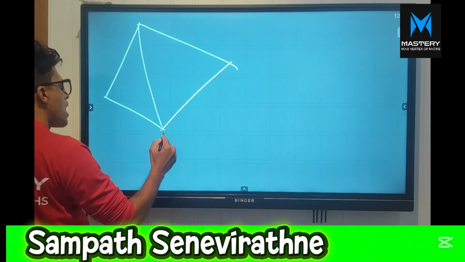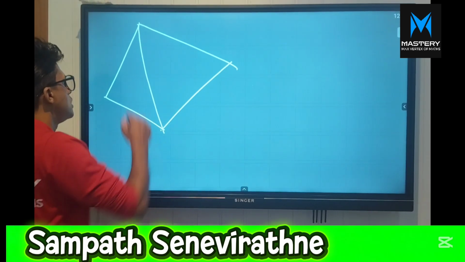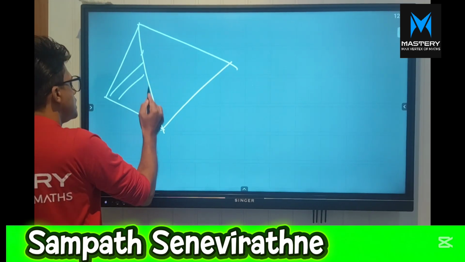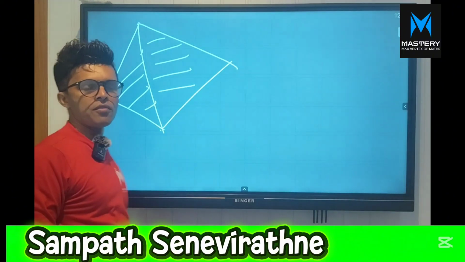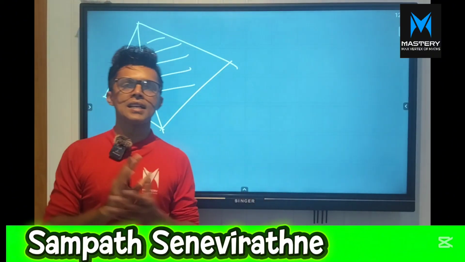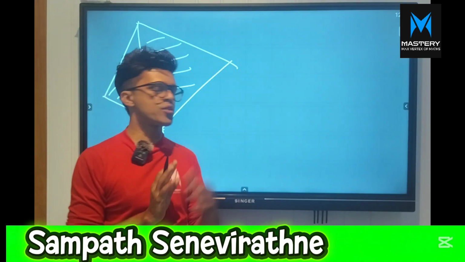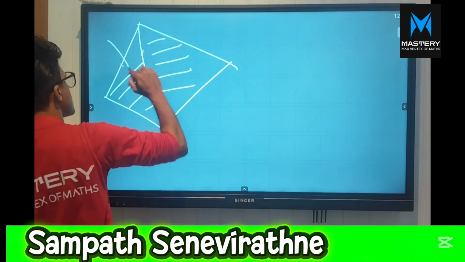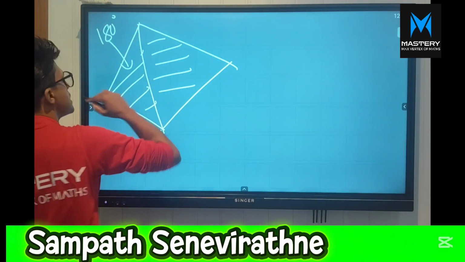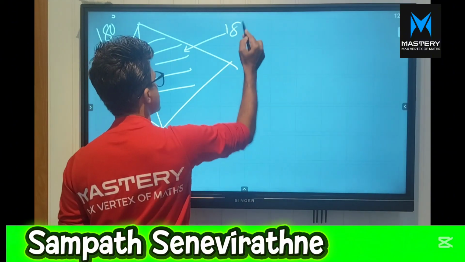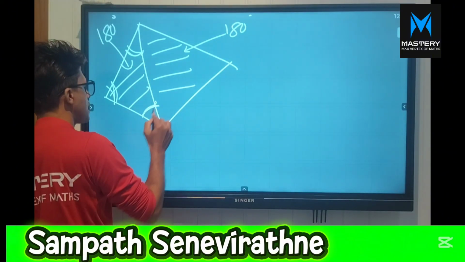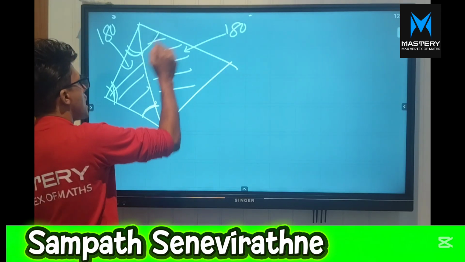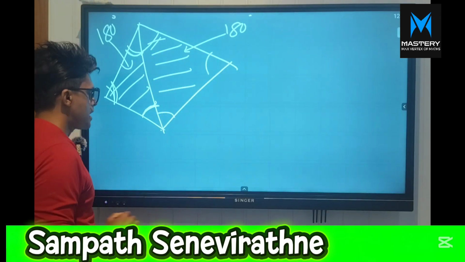How many triangles are there in a quadrilateral? Here is one triangle, and the other triangle. We learned that the sum of interior angles of a triangle is 180 degrees. So this angle plus this angle plus this angle is 180 degrees, and this angle plus this angle plus this angle is 180 degrees.